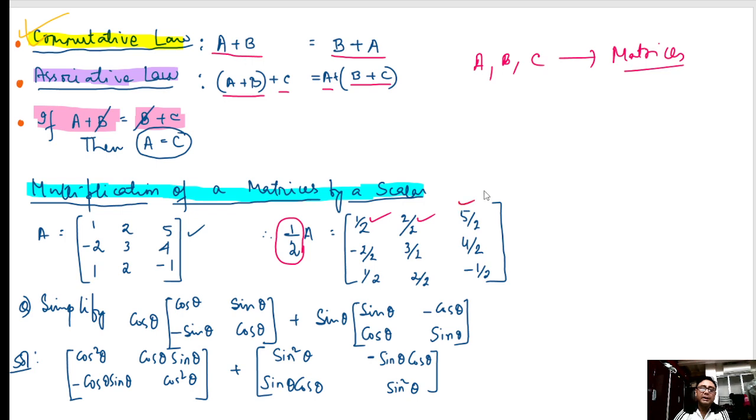This is called multiplication by a scalar. Scalar means a number. Here we have taken half. So if I multiply a matrix with a scalar number, all the elements will get multiplied with the same number. Clear?